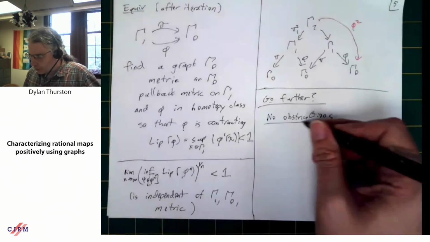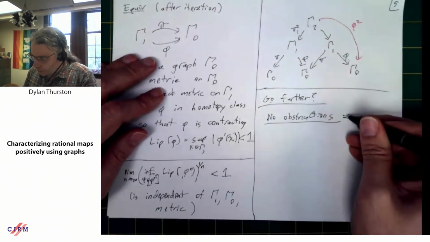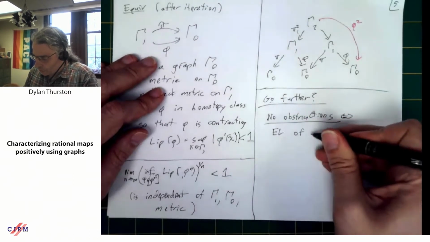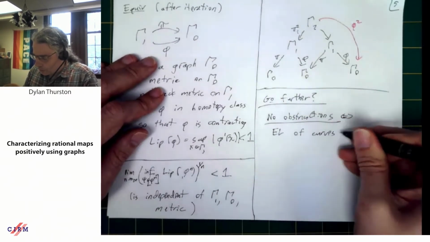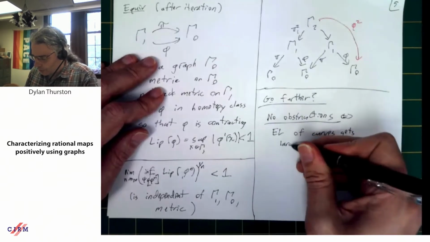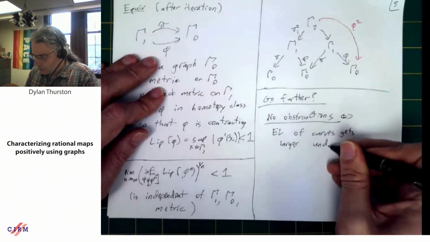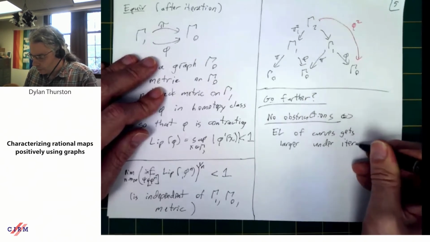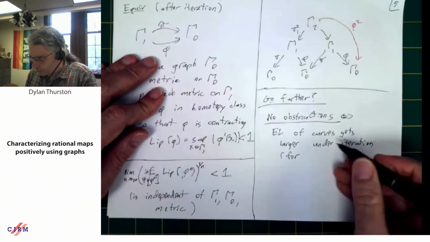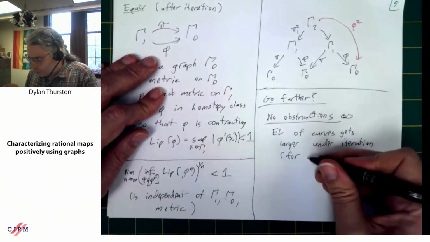So no obstructions is also equivalent to saying that the extremal length of curves gets larger under iteration. And here I should say a little bit more about what I mean.